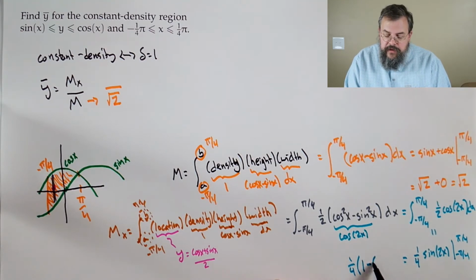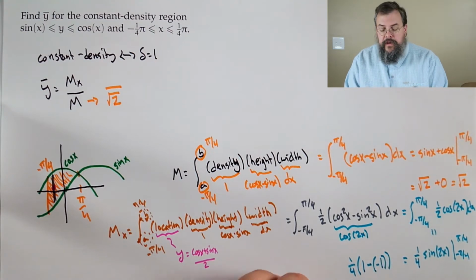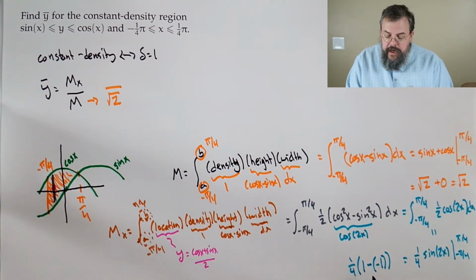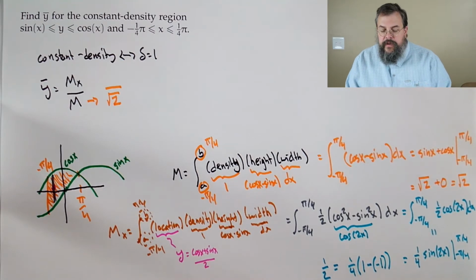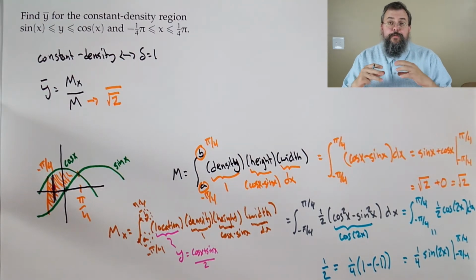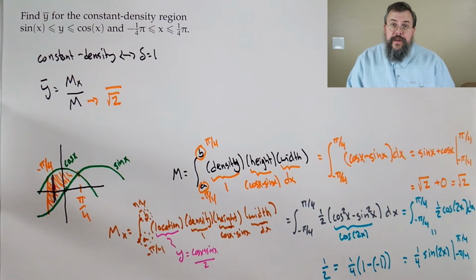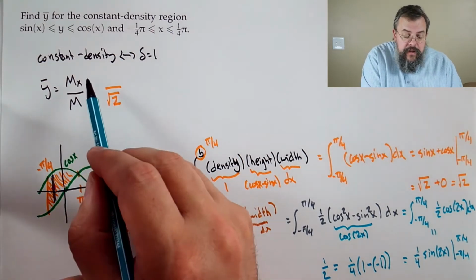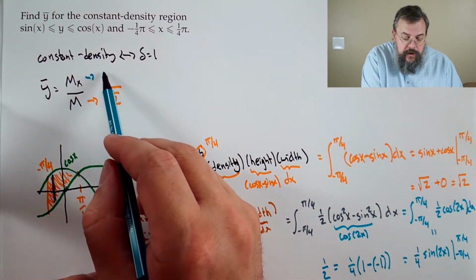Sine of negative pi over 2, or sine of 90 degrees that's negative, is negative 1. So we get 1 minus minus 1. Okay, so that's really 2/4, also known as 1/2. Okay, so that's our moment with respect to the x-axis. So that goes in our numerator, 1/2.